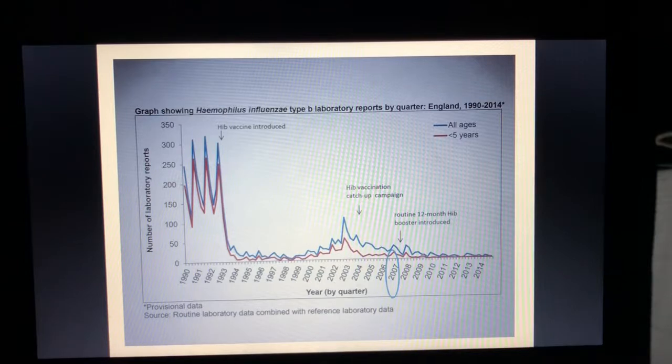And so, just an example, a test with a sensitivity of 90% on the face value sounds impressively high and will appear to be working at picking up lots of cases. And that will be true when the background incidence is relatively high. But when the incidence falls, let's say, for example, by 10-fold, as has been the case for some of these invasive diseases, then actually even a 90% sensitivity is no longer good enough.